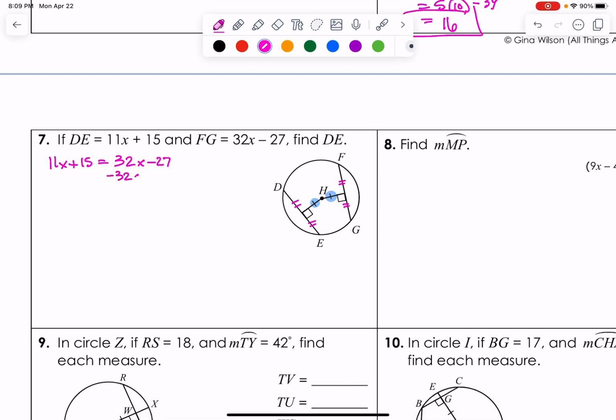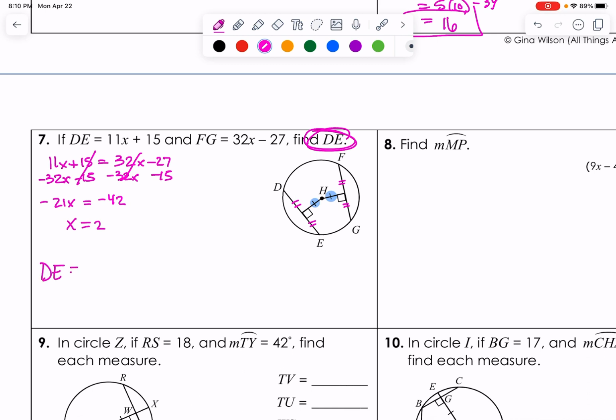So we subtract 32x, because I like to move my variables left. We subtract 15. I get negative 21x equals negative 42. X is 2. But I asked you to find DE.